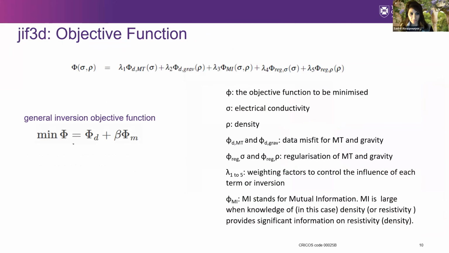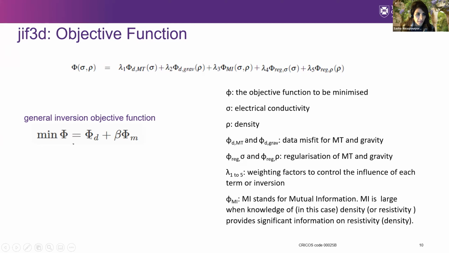this is the only part that looks like a bit of an equation. I thought it's important if people are interested to do this work or work with it. What we were always told about inversion is that a general inversion objective function would have a form of this.